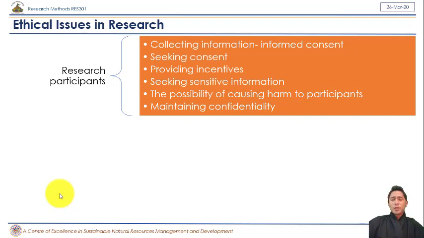So please inform them, because if you are going without informing them, then the kind of data that you'll be getting because of their ad hoc schedule may really hamper, and it's going to be unethical on your side. So informed consent is very important. Seeking consent when you are actually interviewing or asking them is again very important. If you're not seeking any consent, that's unethical for you.